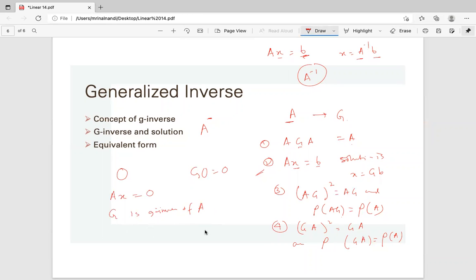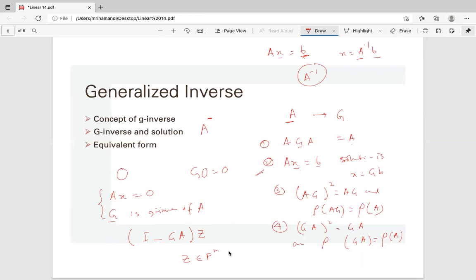So what are all the solutions, the general solution of this equation? Oh, sorry. If G is the G inverse of A, all the solutions of Ax equal to 0 are I minus GA into Z, where Z is any arbitrary vector.